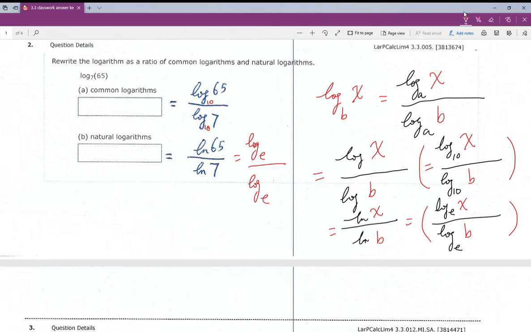So when you have base 10, you don't need to write down 10 here. It means base 10. When you have base e, you can simply write down ln. That's a new notation to replace log base e. Now these two bases, one is common base 10, one is natural base e, and you may use a calculator to evaluate the final answer.